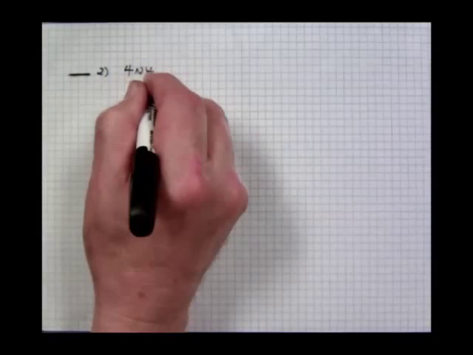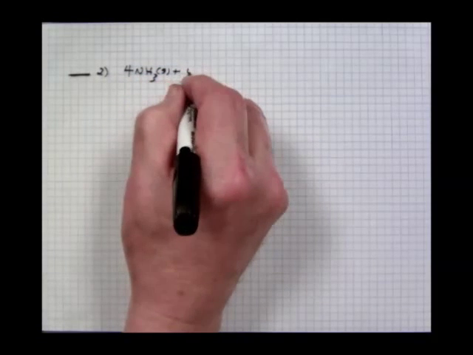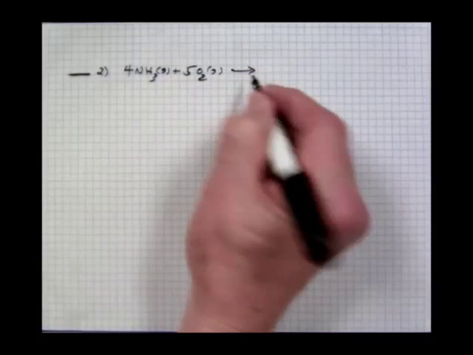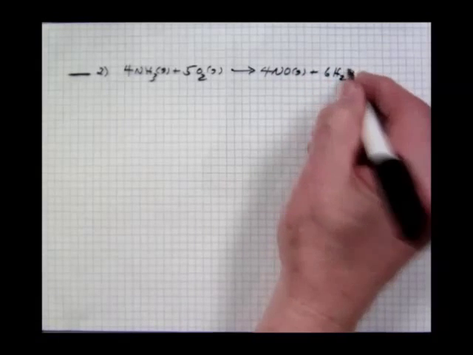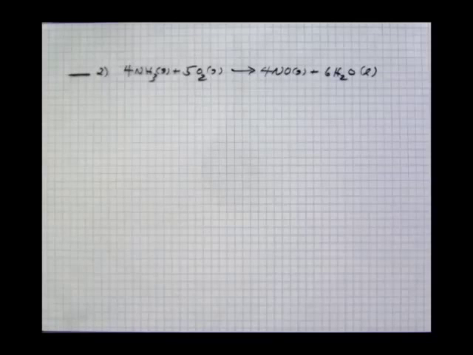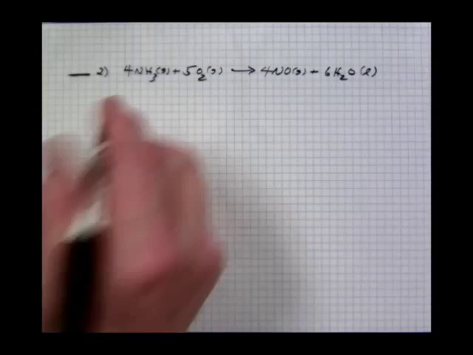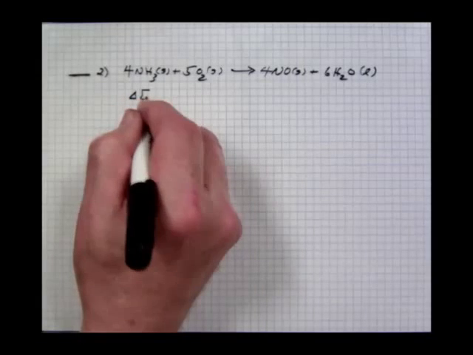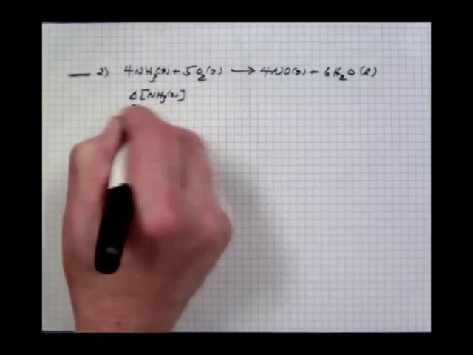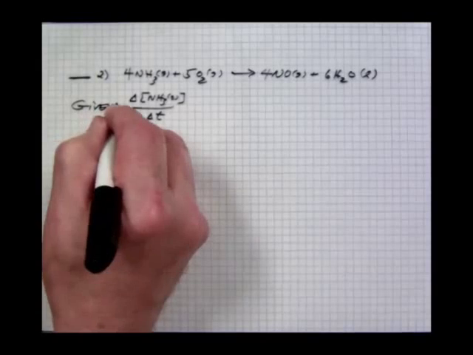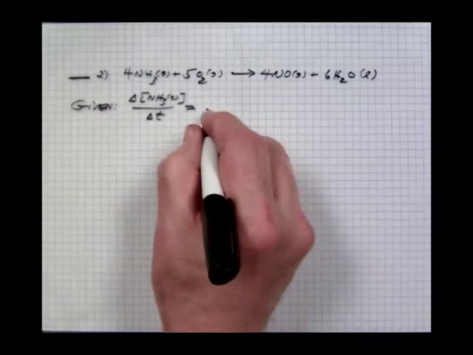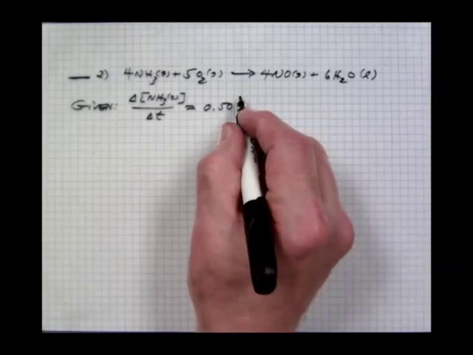Okay, so for number 2, we have 4NH3 as a gas plus 5O2 as a gas going to 4NO as a gas plus 6H2O as a liquid, and the change in NH3 gas over change in time is given, and I might write given just for interest, is equal to 0.50 mole per liter second.